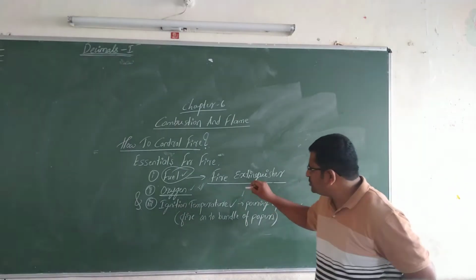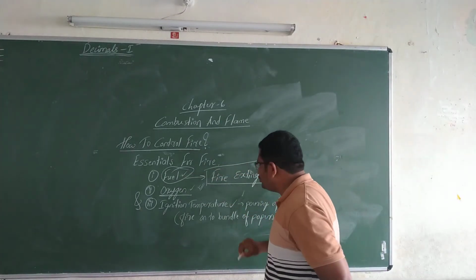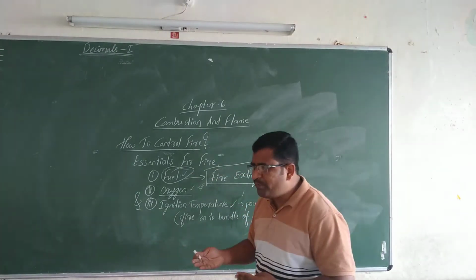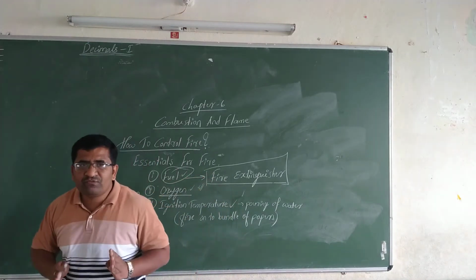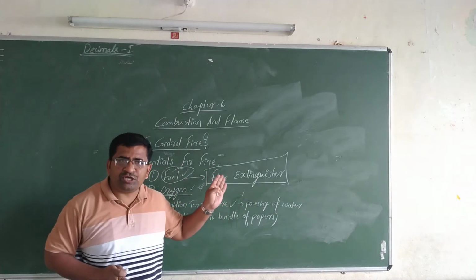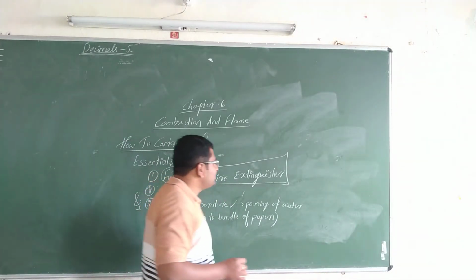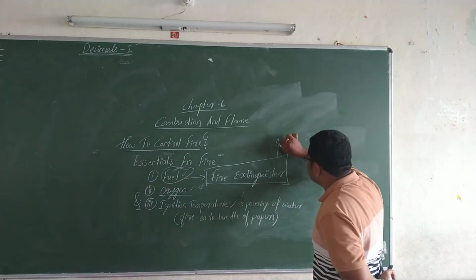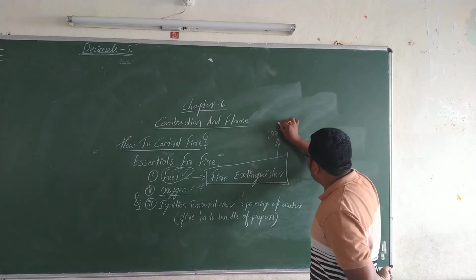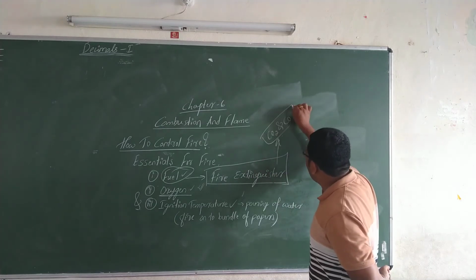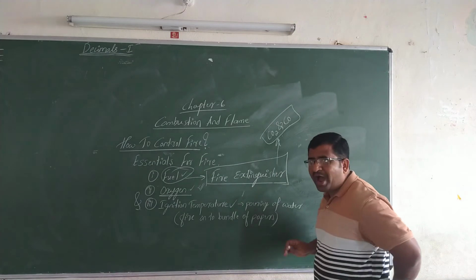What type of gas is filled in the fire extinguisher cylinder? The gases filled are CO2 and CO, carbon dioxide and carbon monoxide, at high pressure.